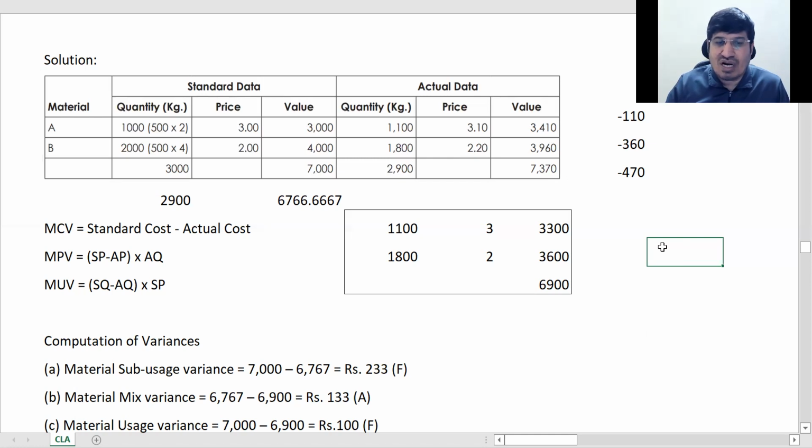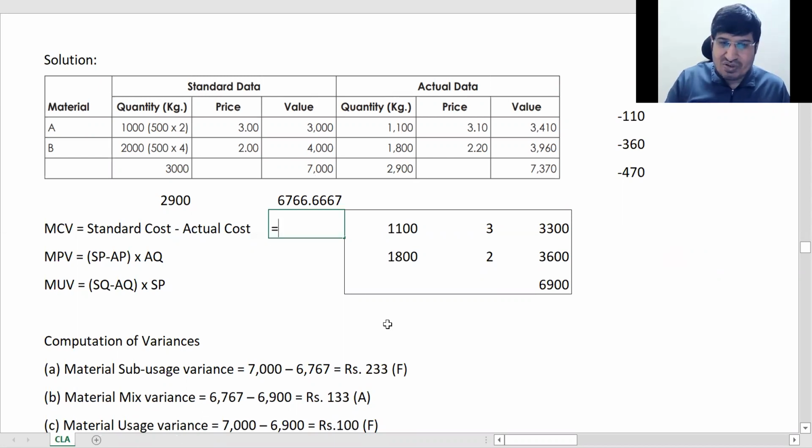Will it be more or less, the actual yield? It will be more. Why? Because while putting 2,900 actual, you are getting how much? You are getting 500 kg of output. And here you are putting 3,000 of standard and you're getting the same output. So in standard data, the yield is less. Okay? So which is why it will be adverse.